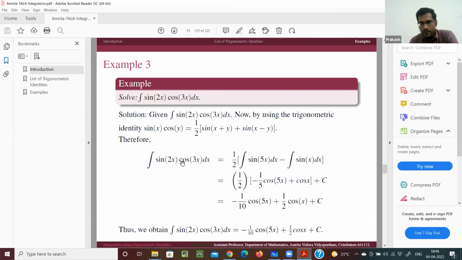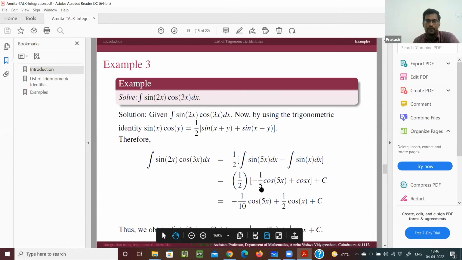So integral over sine 2x cos 3x we can do this way. How we wrote the minus here is because sine of minus x is minus sine x. So that identity also you need to know. Then what about the integral of sine x, what about the integral of cos x, everything you know. So we are finally getting this answer.